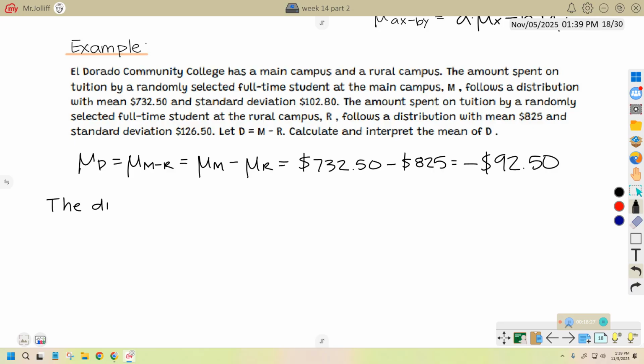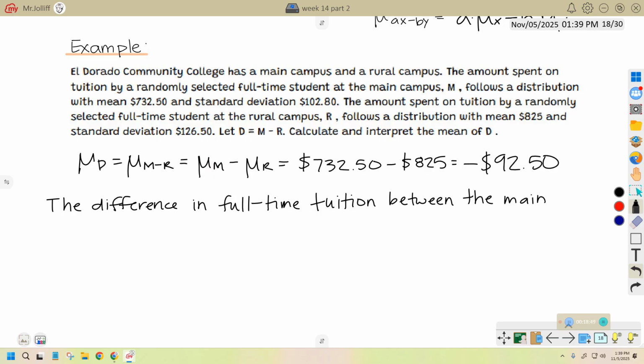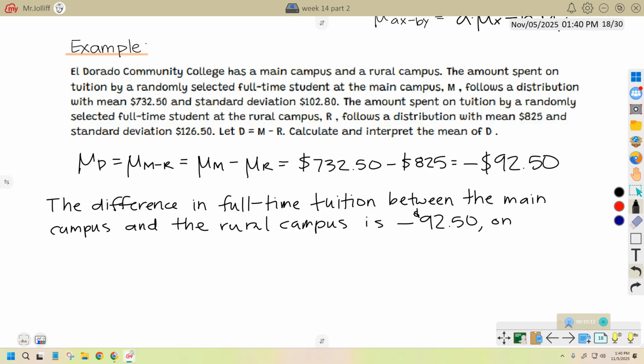So the difference in full-time tuition between the main campus and the rural campus is negative 92.50 on average.